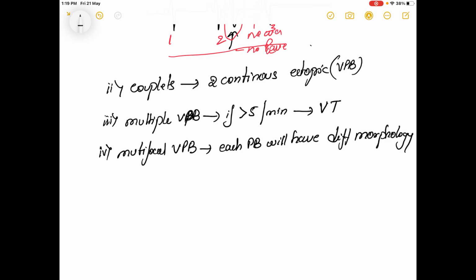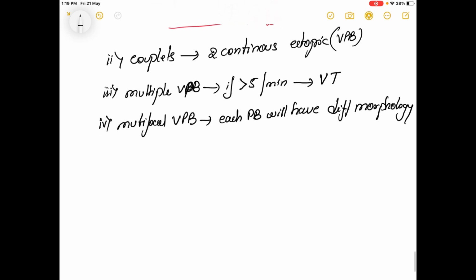This is because each premature beat is occurring from a different focus of the ventricles. So each premature beat will have a different morphology depending on the focus where it has arisen.